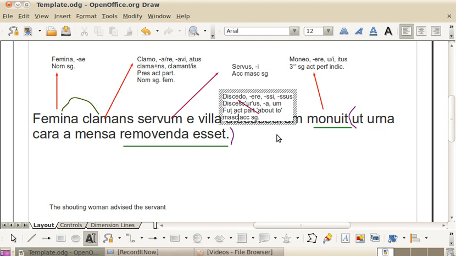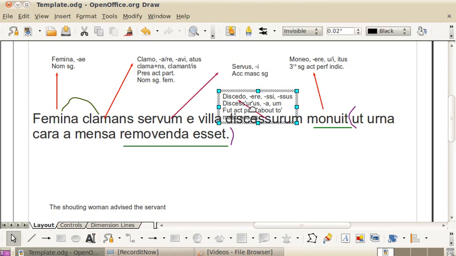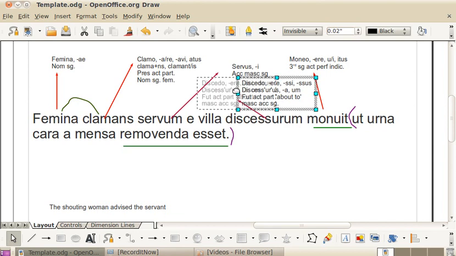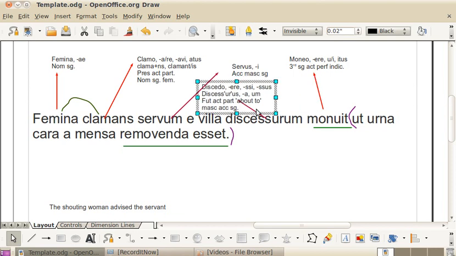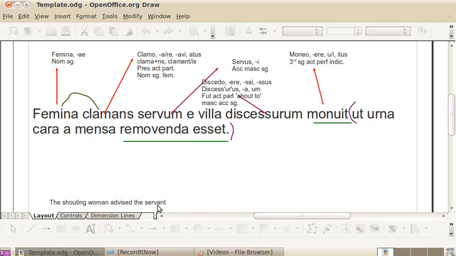And in fact, since servum, let's move this information up a little bit and place it a little more accurately. I think that's as good as we're going to get here. Since servum we've identified in the accusative masculine singular, and discessurum can be accusative masculine singular, I think we can go ahead and understand that discessurum is a future active participle modifying the servant.